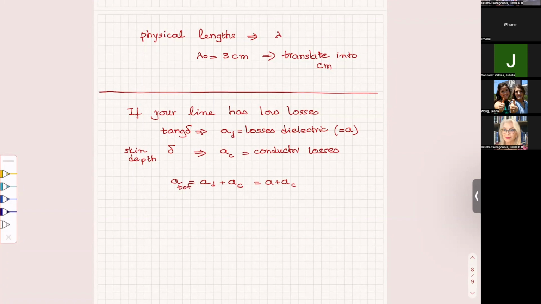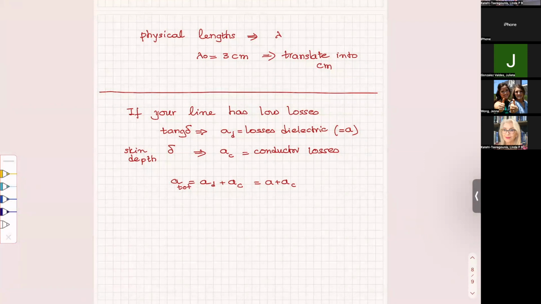And then you know that your V plus, if you have a line that is matched, practically you're going to have an input wave, all right?